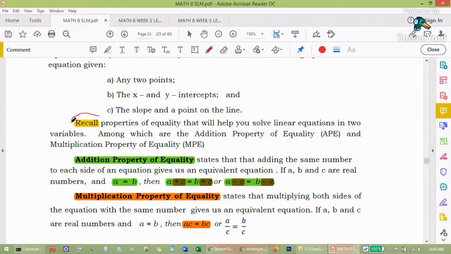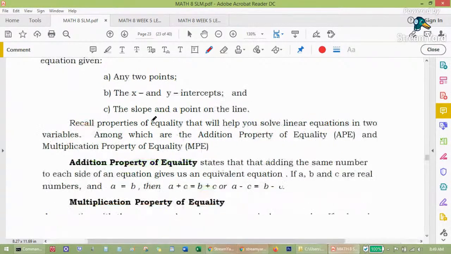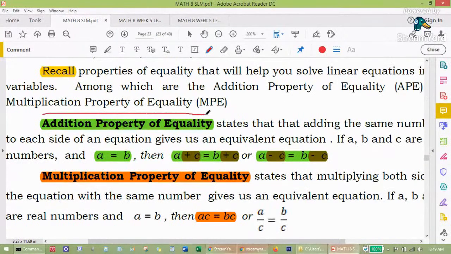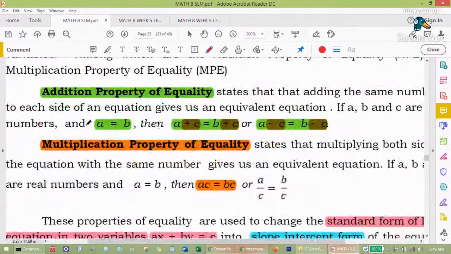So, let's try to recall first. First, the addition property of equality. Ano ba ibig sabihin nito?